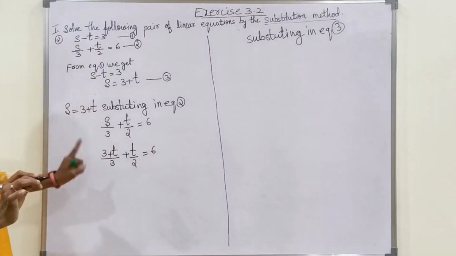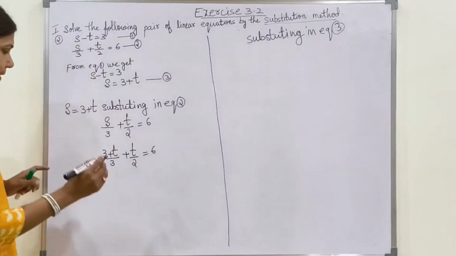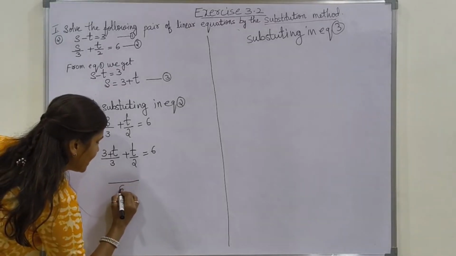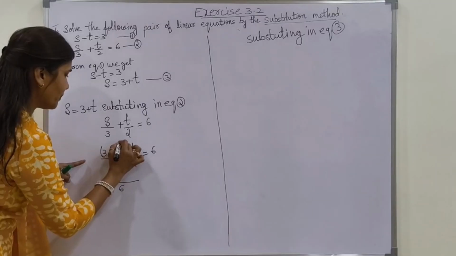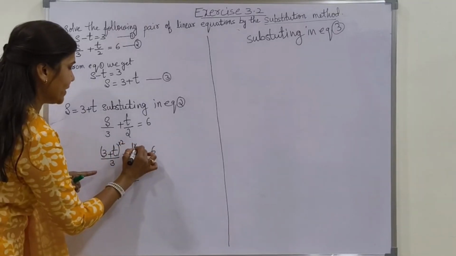Now the LCM of 3 and 2 is 6. So I am taking the LCM as 6. 3 twos are 6, so multiply by 2; 2 threes are 6, so multiply by 3.